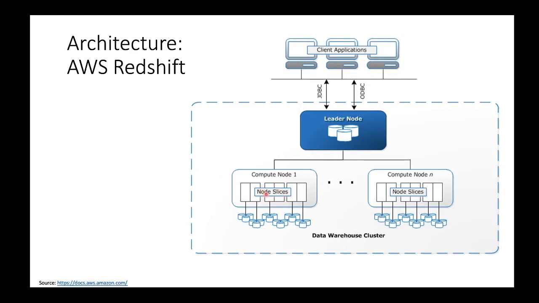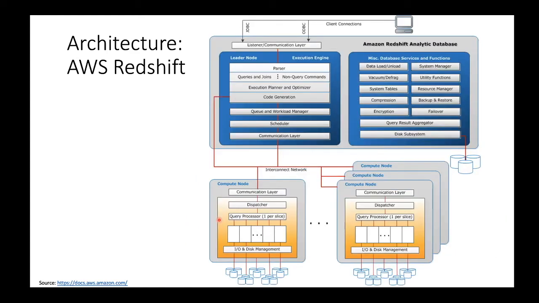The number of slices is determined by the underlying compute node infrastructure that you specified when provisioning the node.